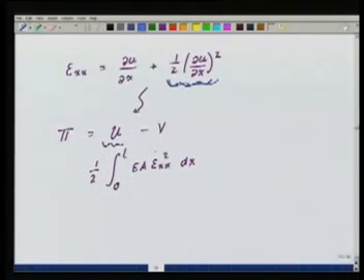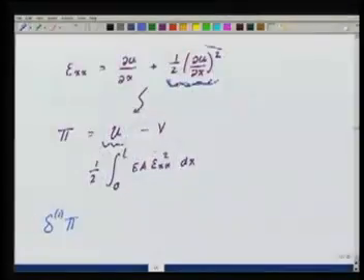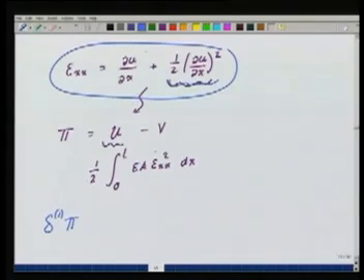When we take the first variation of pi, from there we'll get a nonlinear expression in terms of del u del x. Again we do the same procedure. If I am using the direct solution, then I will go ahead and find a solution and update my solution to the next solution. Or if I am using the Newton-Raphson method, I'll have to find the tangent stiffness matrix arising out of this expression.